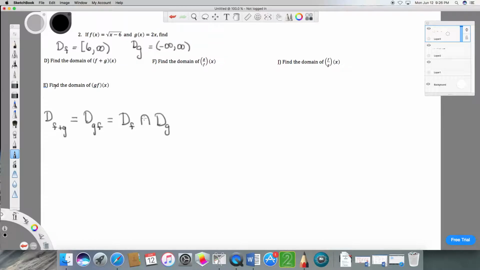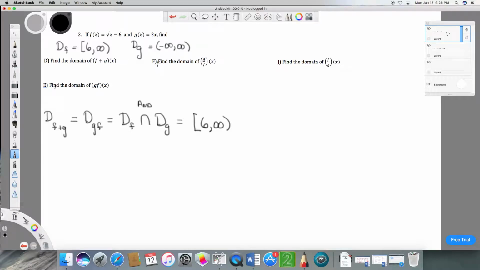This symbol is for the intersection. It translates to the word and. You have to be in this set and you have to be in this set to be in the intersection. So 6 is in both sets, but numbers that are less than 6 are not in both sets, so they can't be in the intersection. So our answer for D and E is those domains are x greater than or equal to 6.